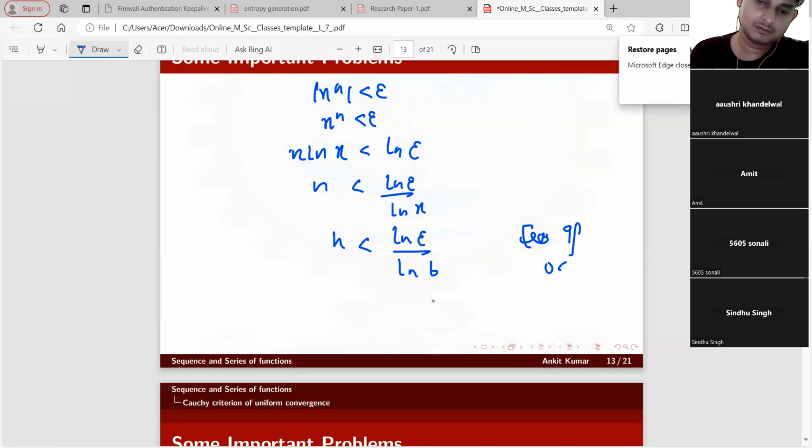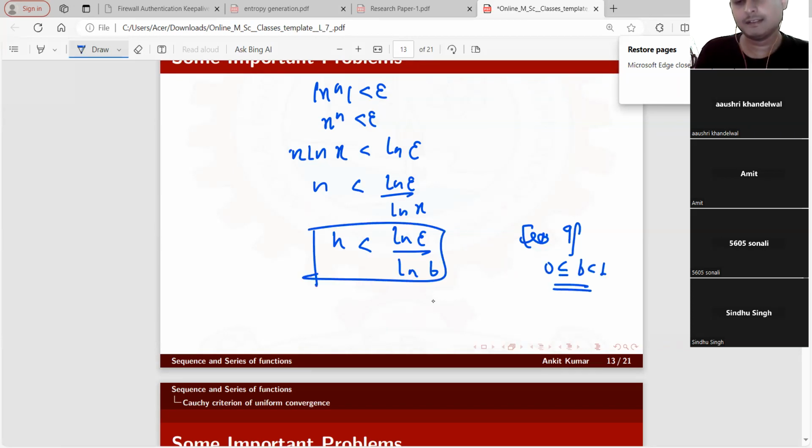So this small n is greater than this quantity, which depends on x.